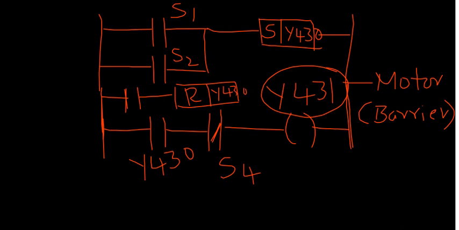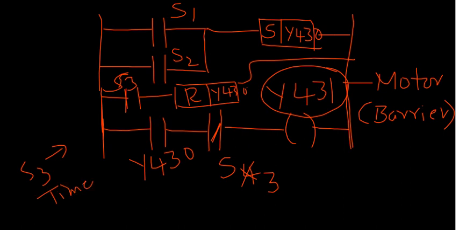Now S430 and RY430 should make your coil here, that is the motor or the barrier, either turn on or turn off. Whatever I have written here at that time becomes redundant. It is not required if you are using the set coil and reset coil here, right?